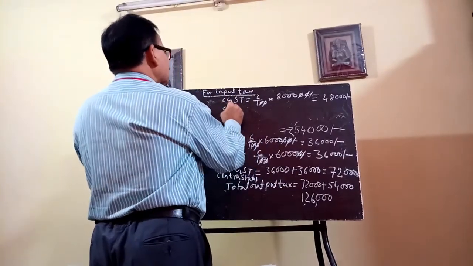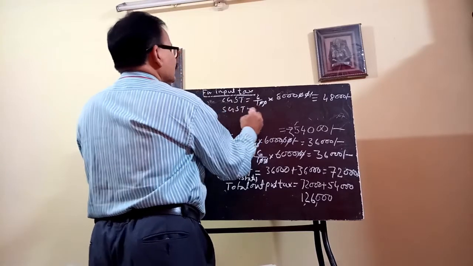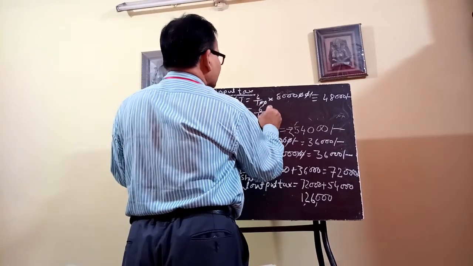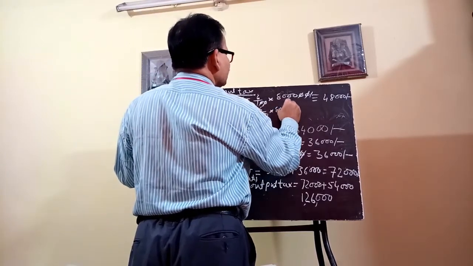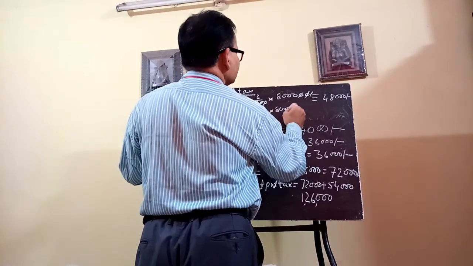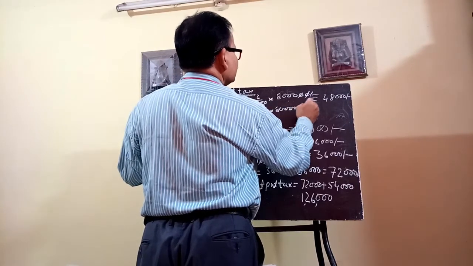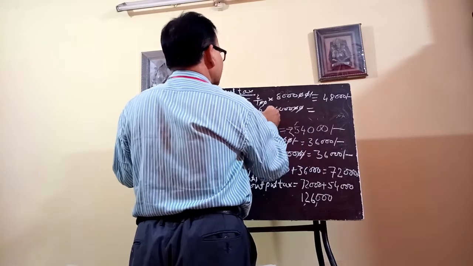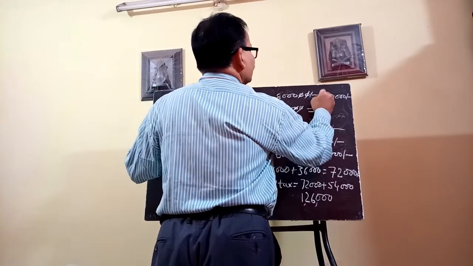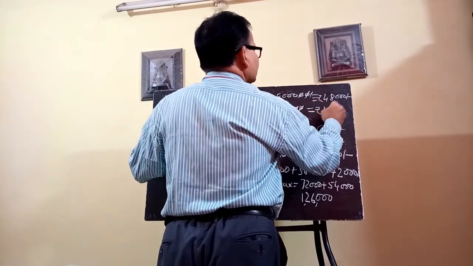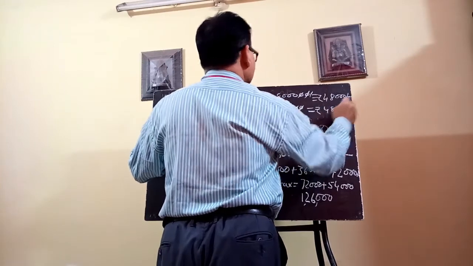Then SGST will be again 6% of your 8 lakh. So again 0 cancel. So this is your rupees 48,000.